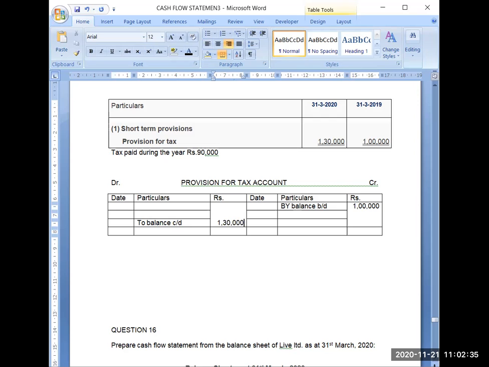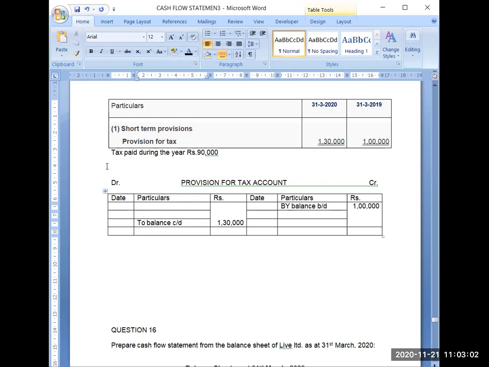Till here it is clear how to write the opening balance and closing balance. Some students generally do some mistake that they always write this closing balance also in the first line. So that is wrong actually.